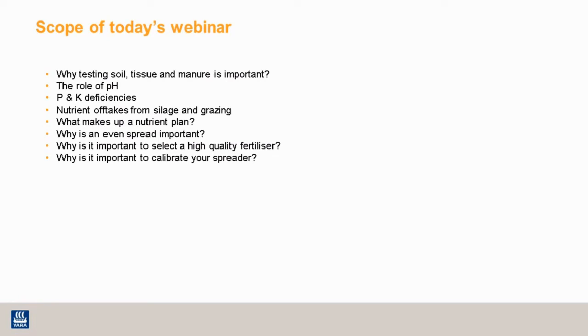Philip is going to take us through nutrient offtakes from silage and grazing, what makes up a nutrient plan, and then we'll hand over to Nigel to go through why an even spread is important, why it is important to select a high quality fertiliser, and why it is important to calibrate your spreader.